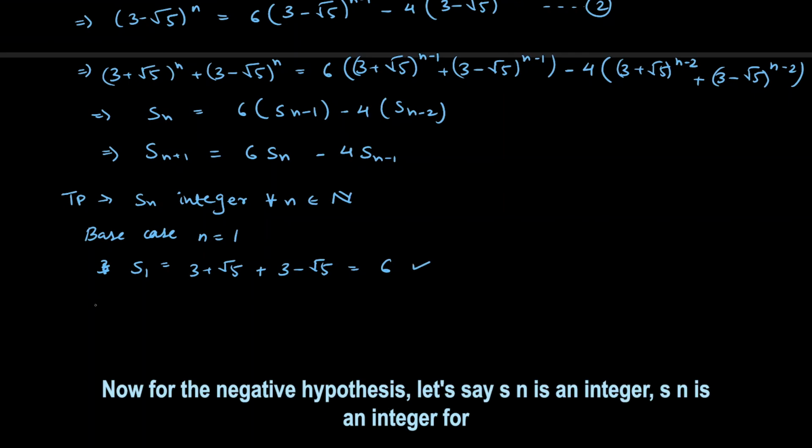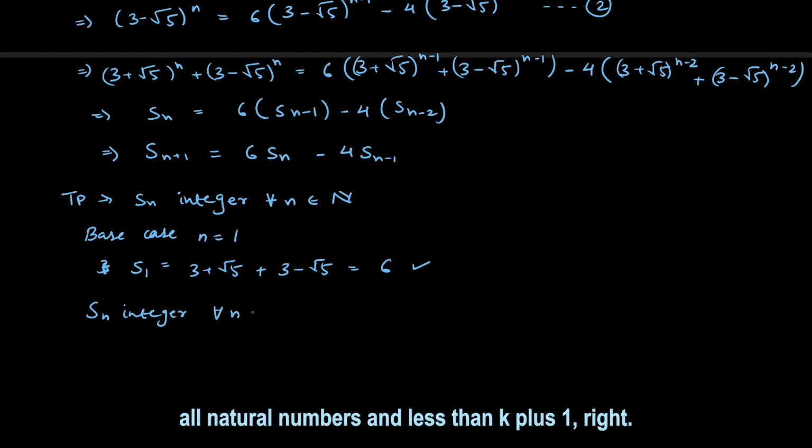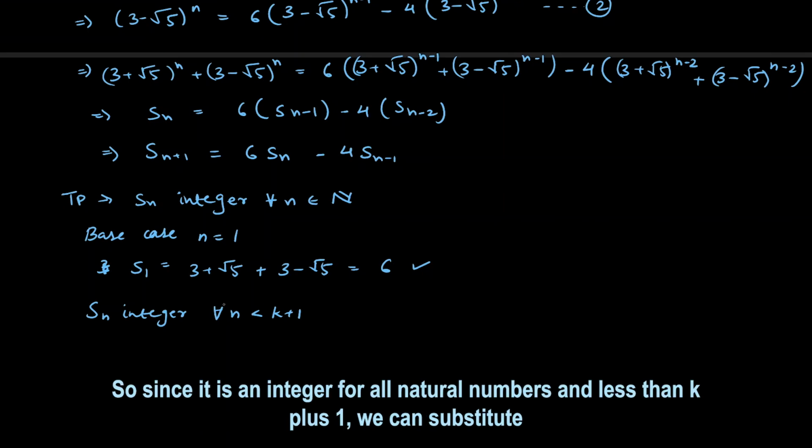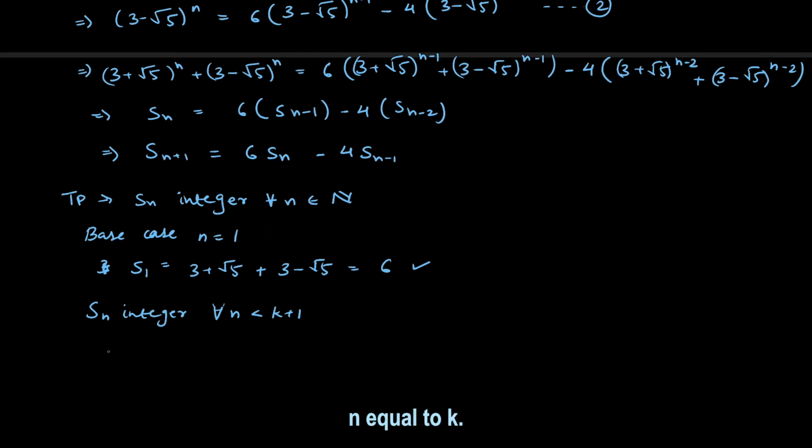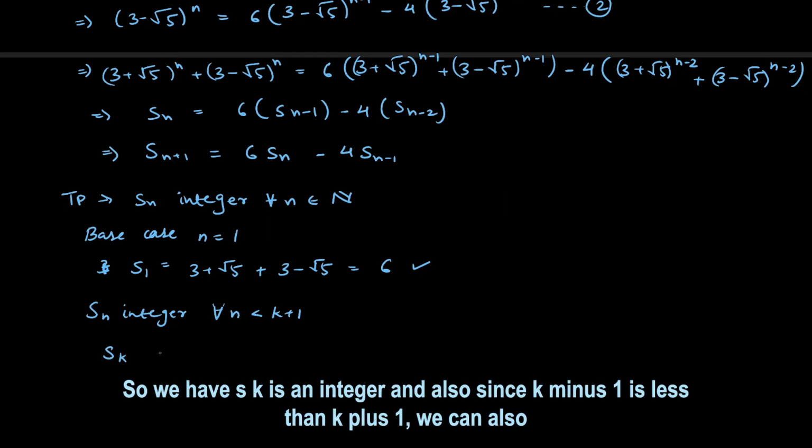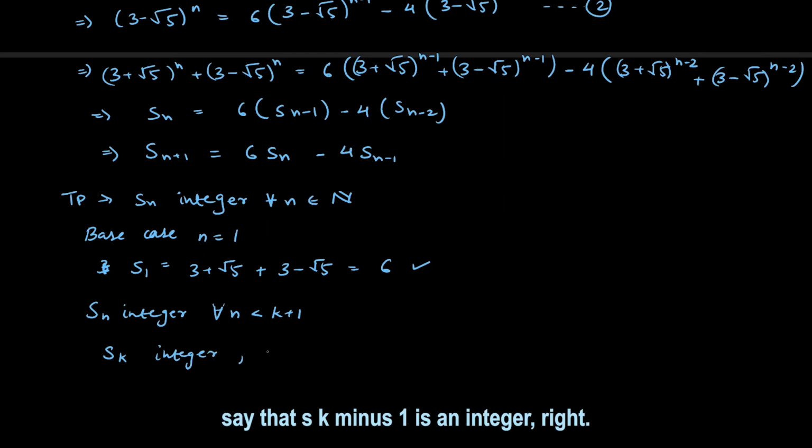Now for the inductive hypothesis, let's say Sn is an integer for all natural numbers n less than k + 1. So we can substitute n equal to k, so Sk is an integer, and also since k − 1 is less than k + 1, we can also say that S(k−1) is an integer.